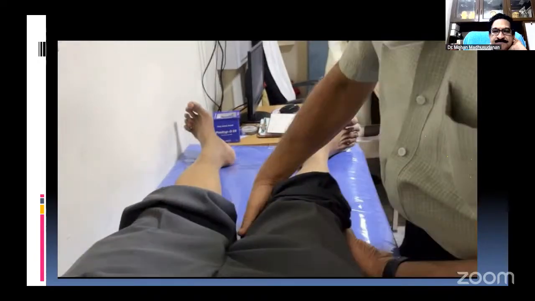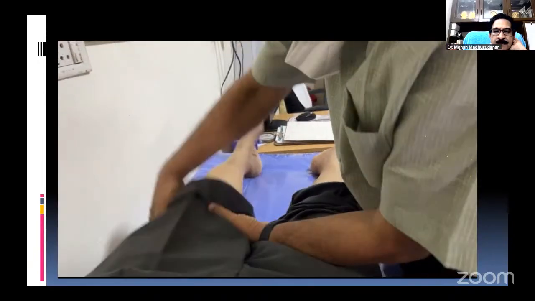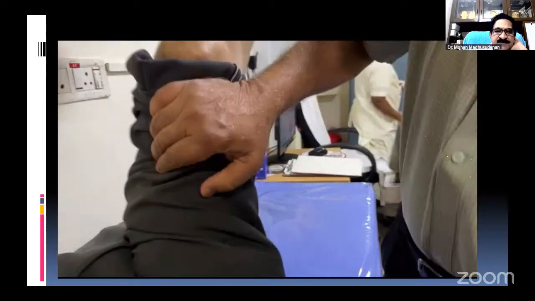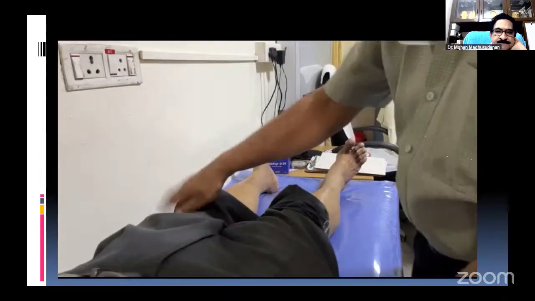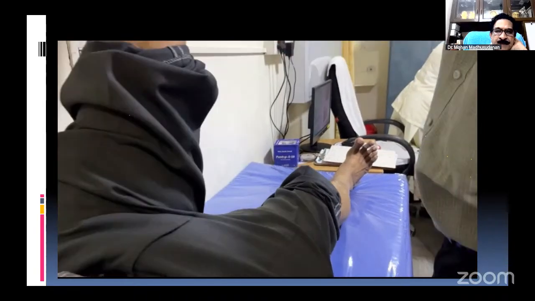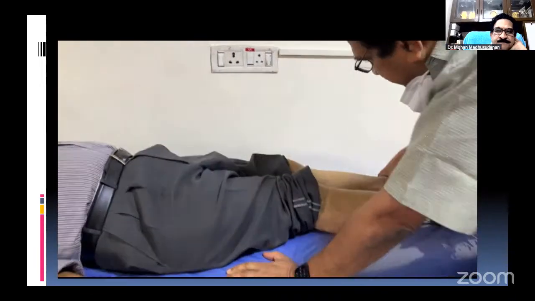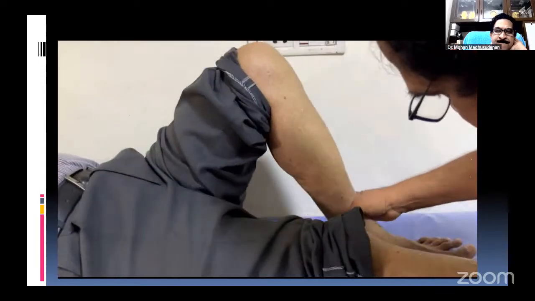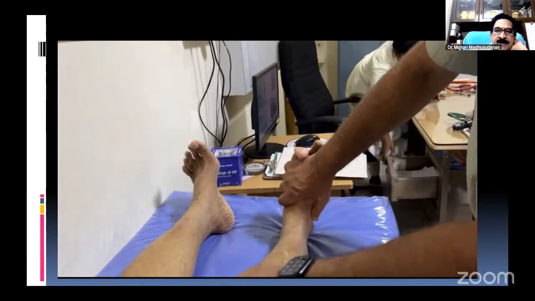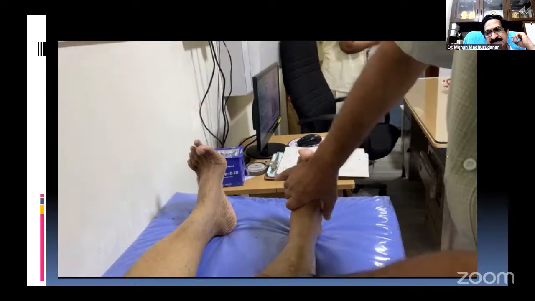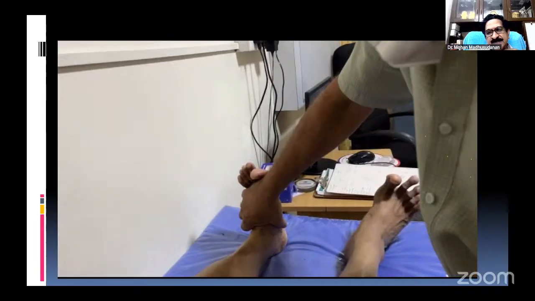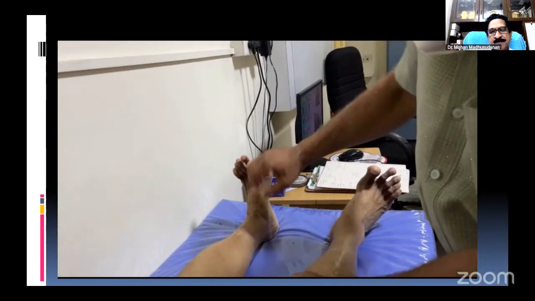In the lower limb, hip flexion was normal. Knee extension is normal. There is mild weakness of dorsiflexion on the right side. Left was normal.